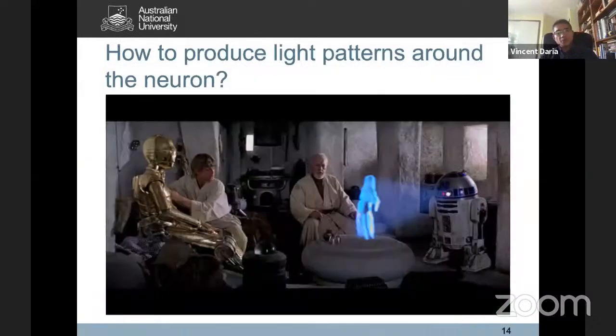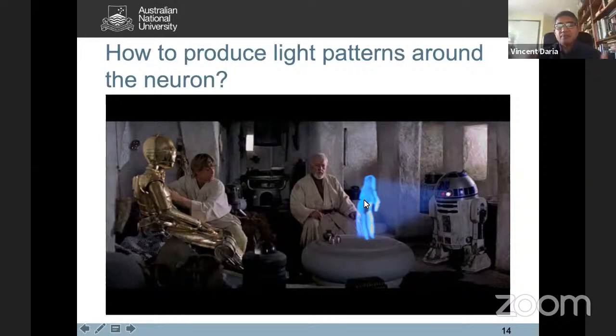So how do we produce light patterns, those multiple inputs around the neuron? Most of you would have seen the movie Star Wars. This is holographic projection, where R2D2 has a hologram here and probably has a laser behind. If you shine a laser onto the hologram, it produces a holographic projection, where you have dark spots and bright spots.